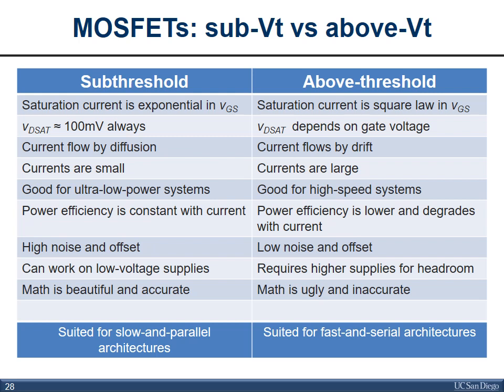In subthreshold, current flows by diffusion versus drift in above threshold. Subthreshold is typically good for low power systems versus high speed systems in above threshold. We're going to get a little bit more into power efficiency and so on in later lectures, but it turns out that subthreshold is more efficient, at least in terms of noise and gain, than above threshold, for a given current.